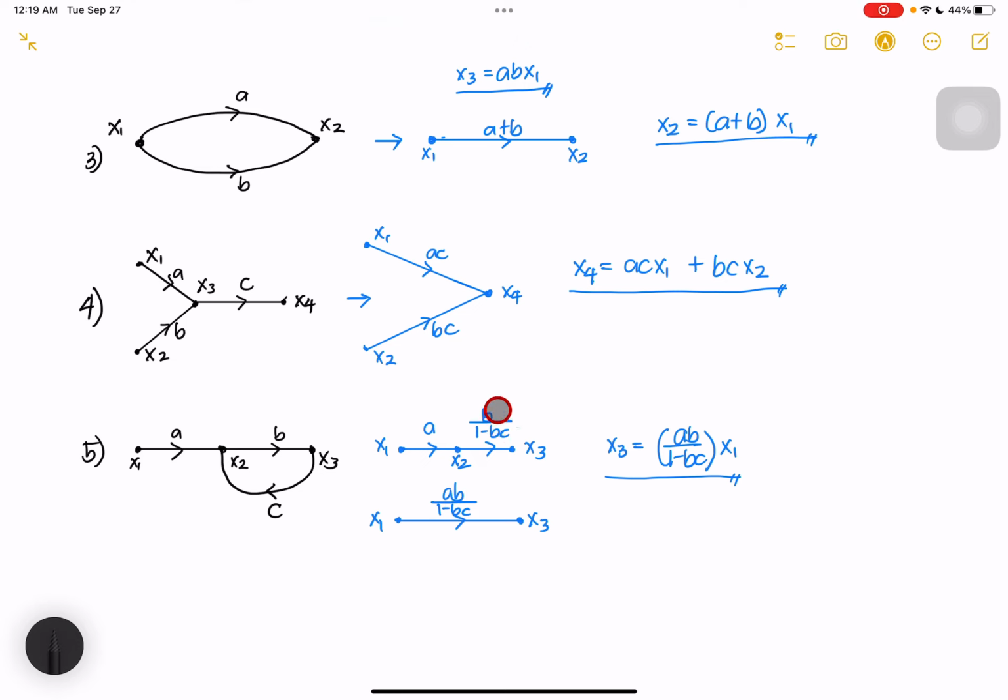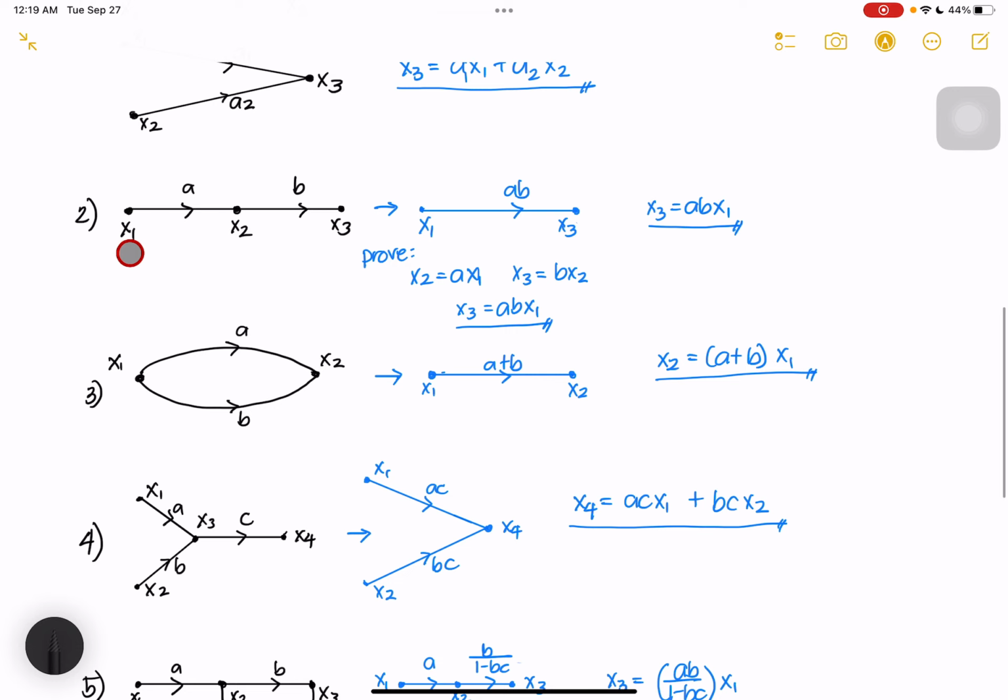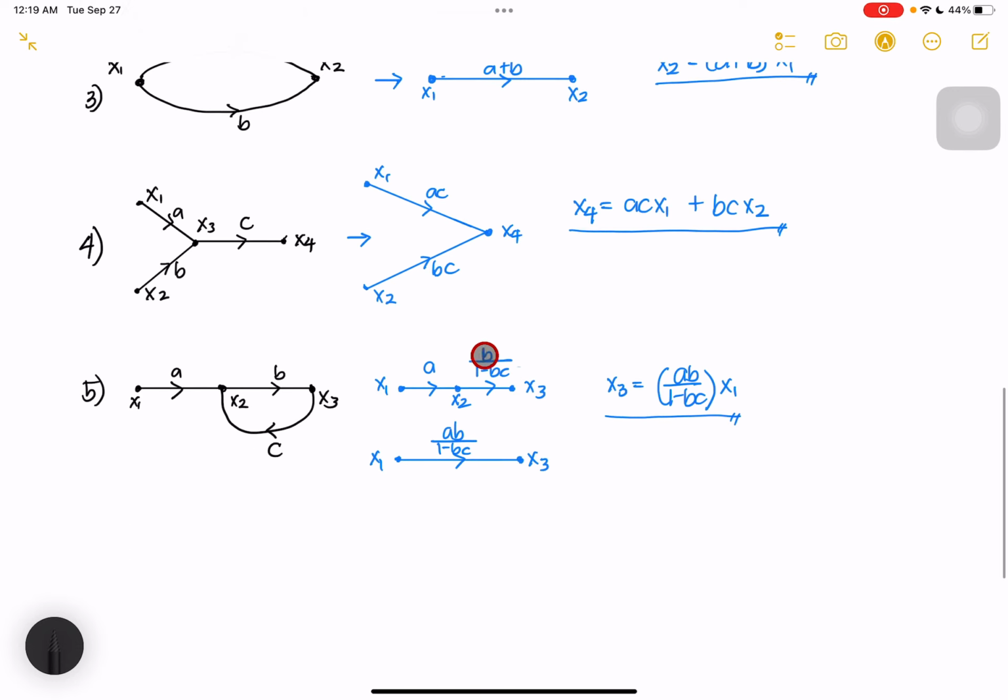So, ano yung BC? B is the gain, and then yung feedback gain is C. So, I can assume this is a positive feedback kasi minus to eh. Okay? And then, since in series sila, katulad din yan ng dito sa number 2, inalis ko na yung x2, pinag-multiply ko to. So, multiply ko na lang to get just one node. One branch. So, AB over 1 minus BC. So, that will be this. Alright?